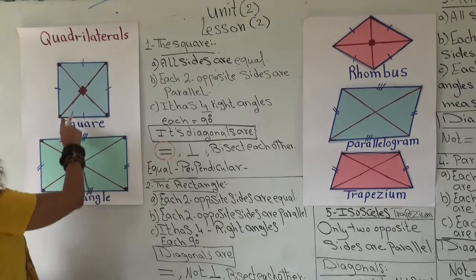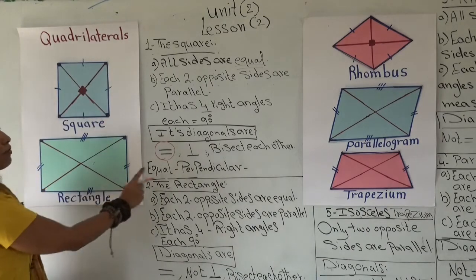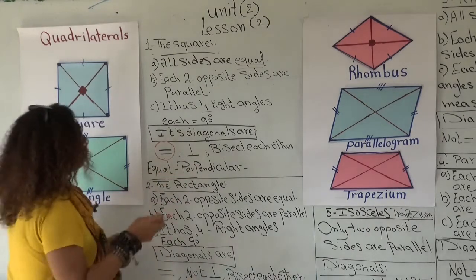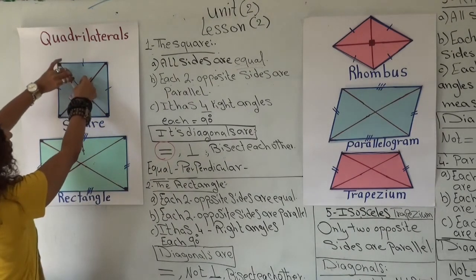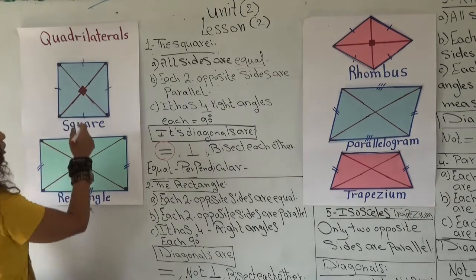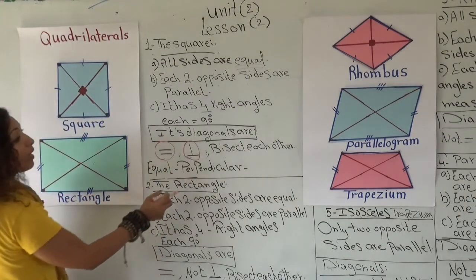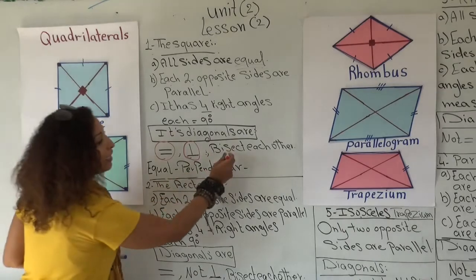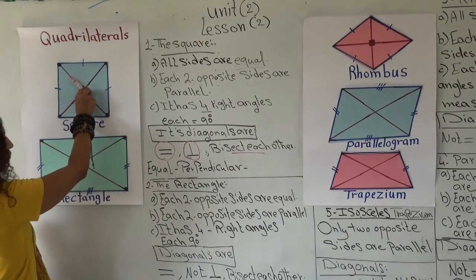This one equals this one, and they are also perpendicular. Watch with me here. The diagonals of a square are equal to each other, perpendicular to each other, and they bisect each other.